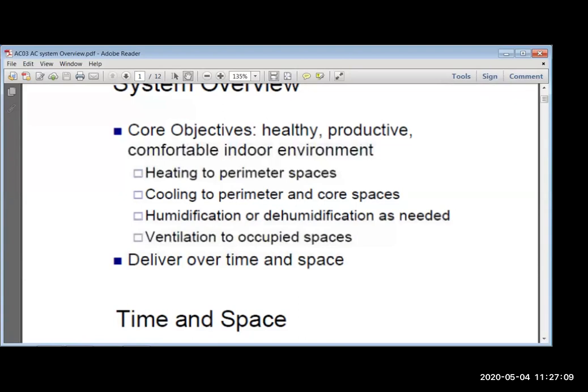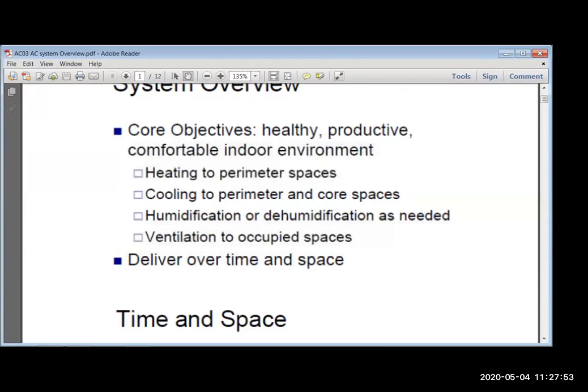Similarly, in summer, perimeter spaces may need cooling, and inside spaces may also need cooling, because the rooms deep inside the building are not directly exposed to the external wall. So in winter they do not lose their heat. That's why they are kept warm, and you don't need to heat them. Sometimes they are so hot that you need even cooling during winter inside the core. This is the purpose of heating to perimeter spaces and cooling to the perimeter and core spaces.